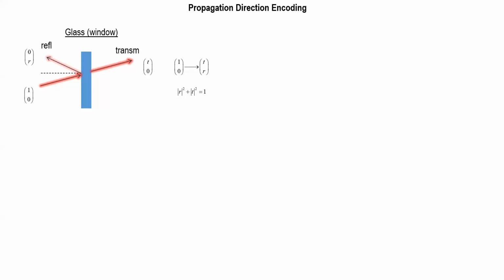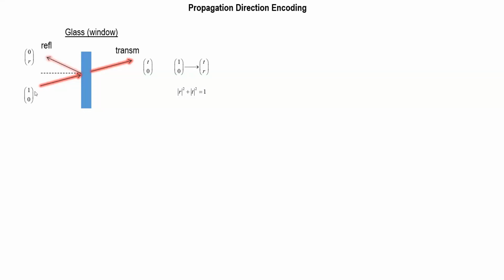So even at the level of one single photon, there is this quantum randomness for the photon to propagate through or reflect from the glass, from the window. And before we measure it, we cannot say if the photon passed through or reflected from the window. We have to consider the two possibilities at the same time.